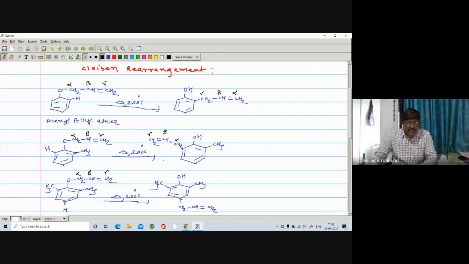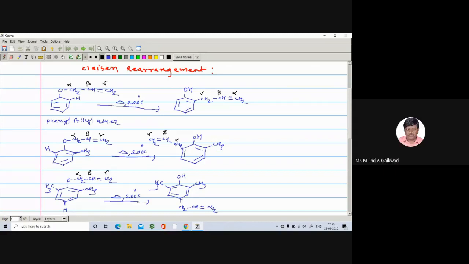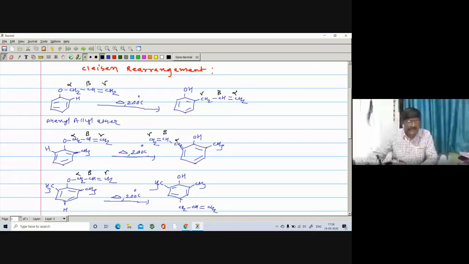Here in this case it is alpha beta gamma, but I have written it wrongly; it should be right here. In this case it is alpha beta gamma, so the gamma will attack the ortho position.